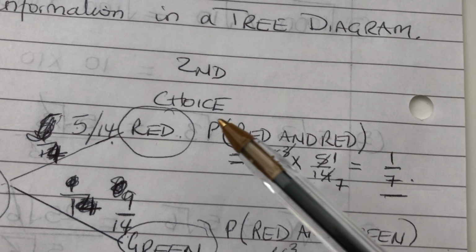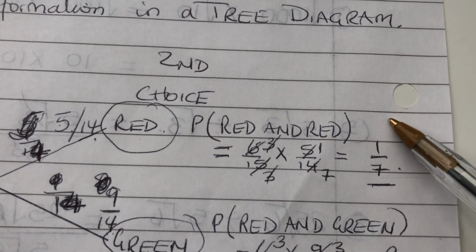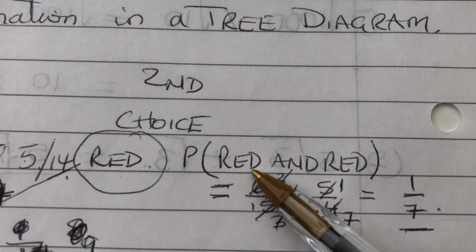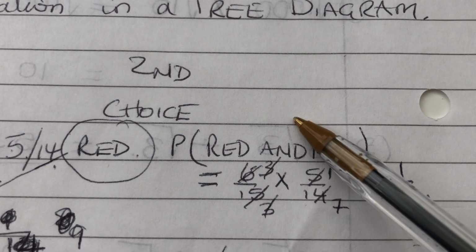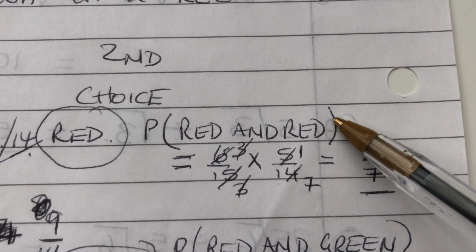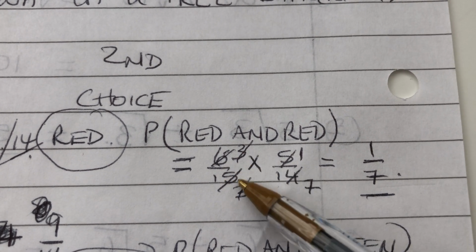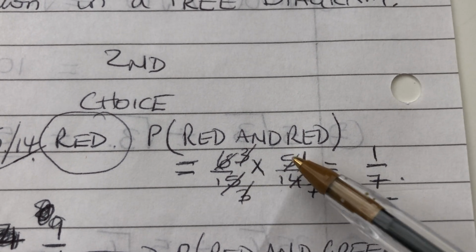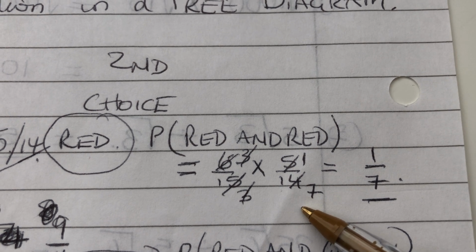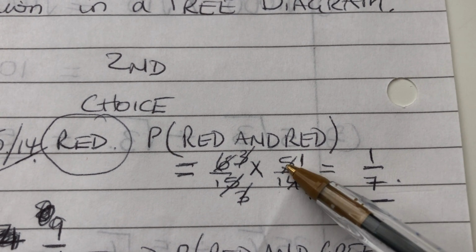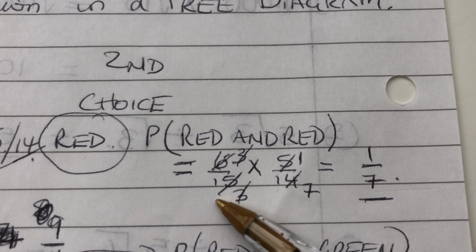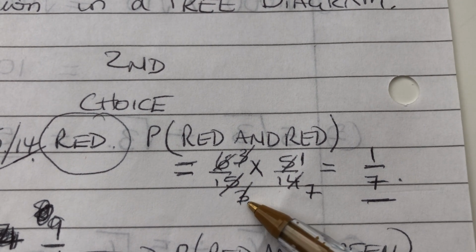So I have extended the tree diagram. The probability of a red and a red: first red and then, not replacing, second red. So it will be 6 out of 15 times 5 out of 14. How many 5s do we have in 5? How many 5s do we have in 15?